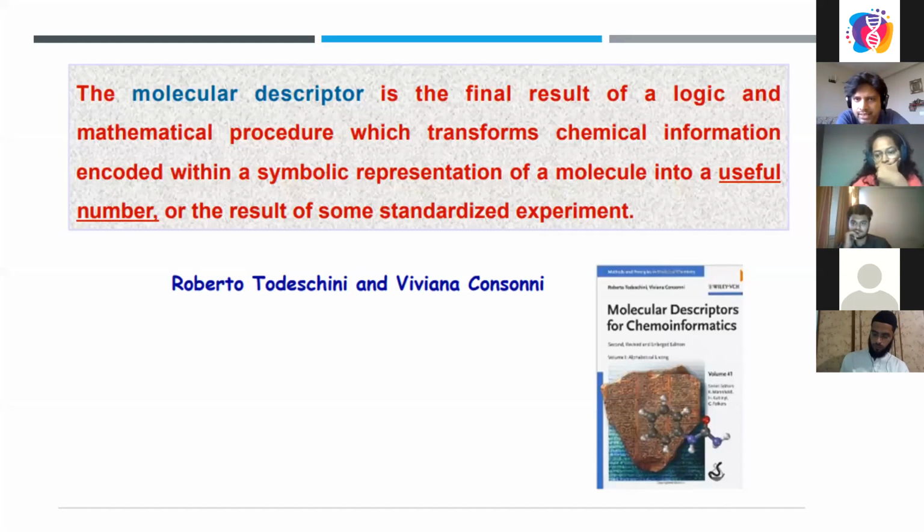That's what I said. So you take the molecule, calculate these descriptors, and then use them for whatever mathematical modeling you want.